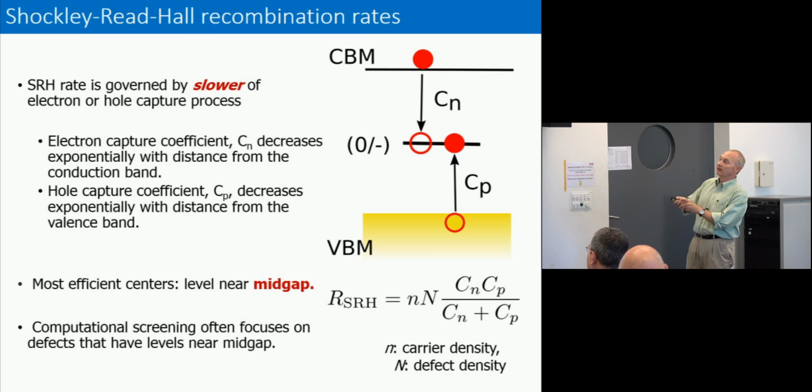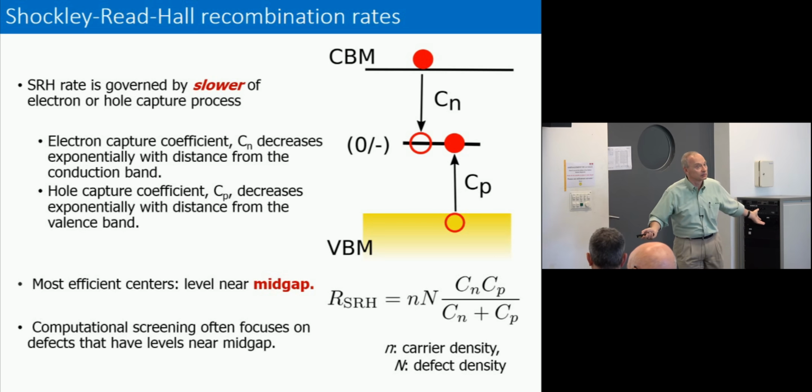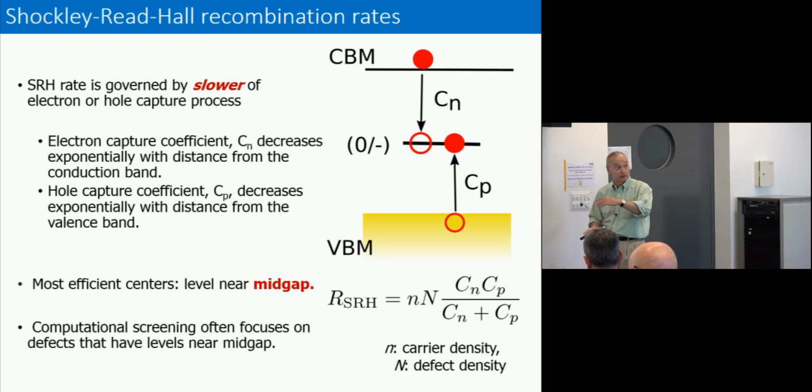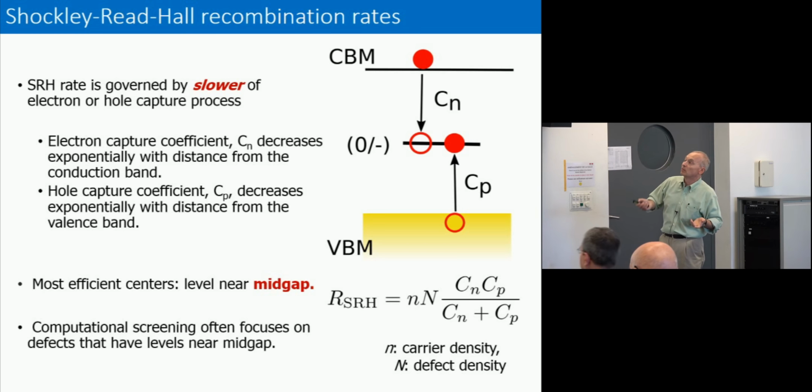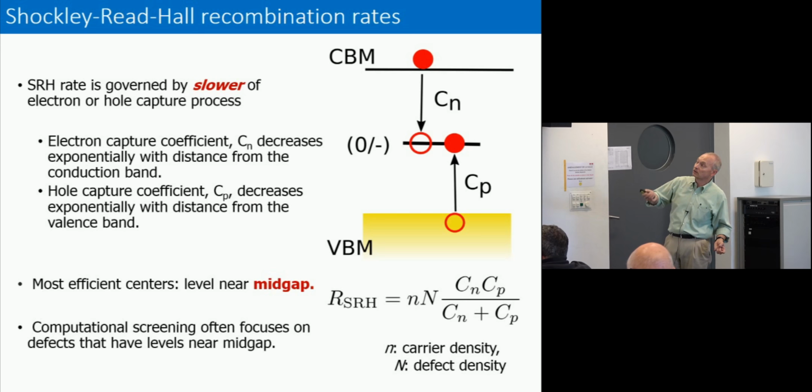Okay, but then if the capture rate for holes is very low, then these electrons will just sit there, right? This defect is going to act as a very efficient electron trap, which may be bad for your device in some ways, but it's not going to act as a recombination center, because those electrons are just going to sit there, and it's only by subsequently capturing a hole that you actually would complete the recombination cycle.